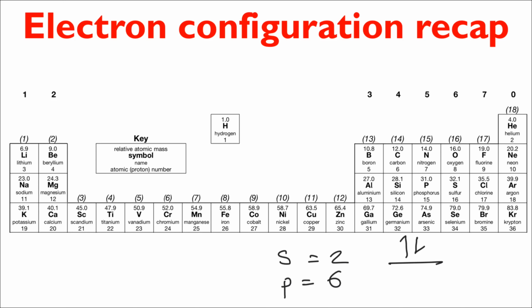It has 3 p orbitals, which would hold 3 electron pairs, which means 6 electrons in total. The d subshell can hold 10, it has 5 orbitals, and there's lots more detail in the previous video if you want to have a proper recap on how to do electron configuration.